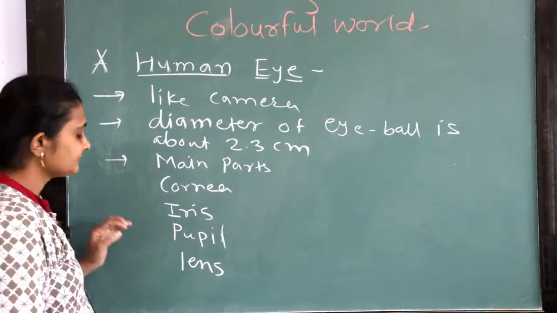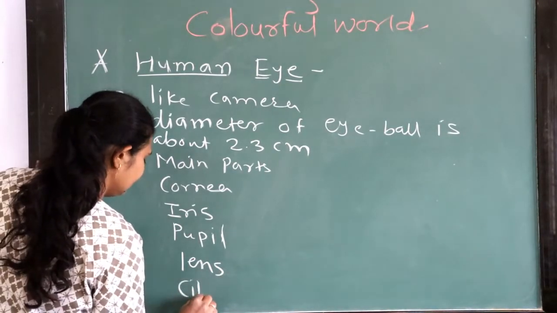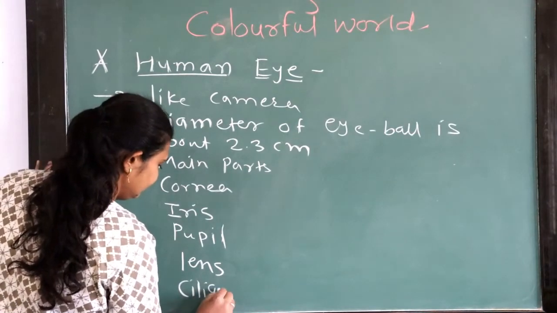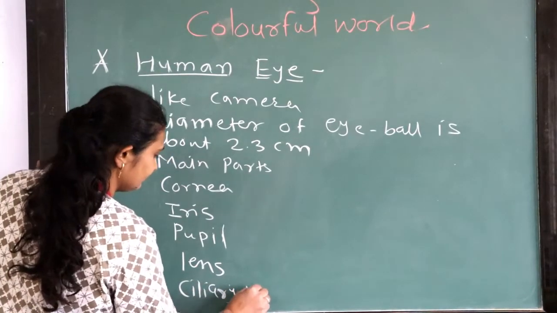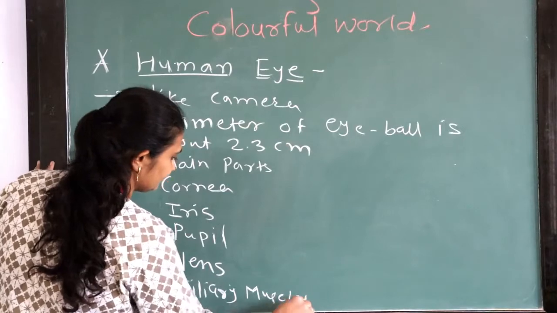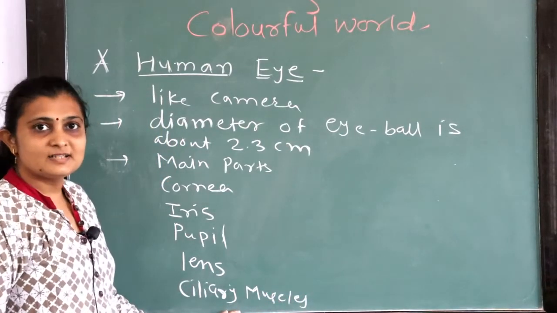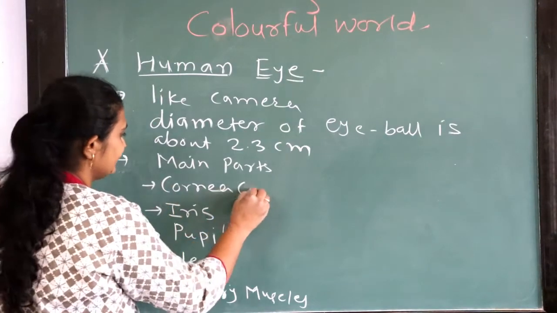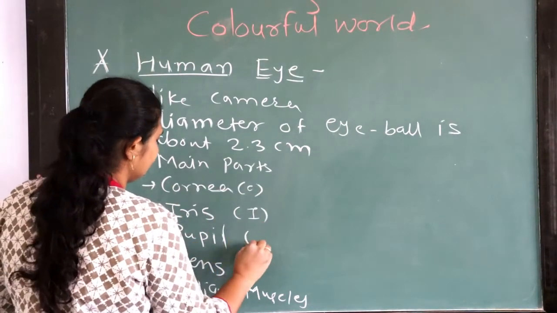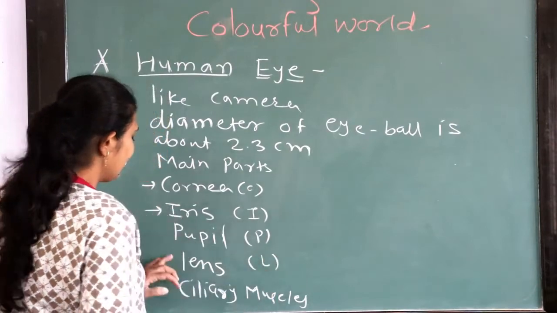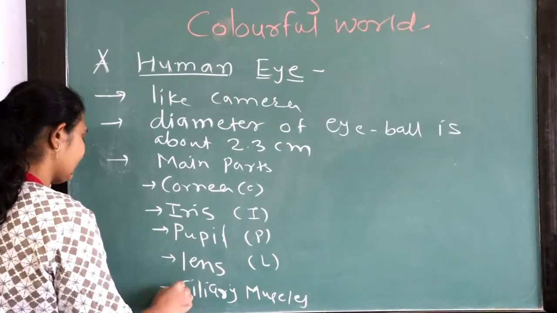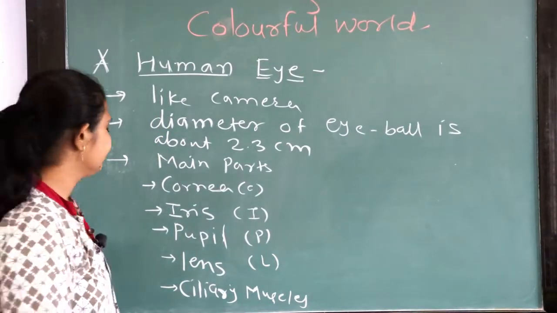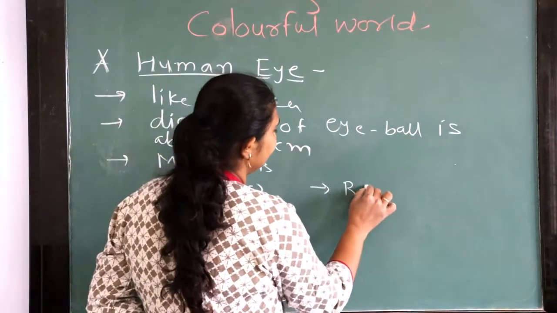Lens, ciliary muscles, cornea, iris, crystalline lens, ciliary muscles. Next one, retina.